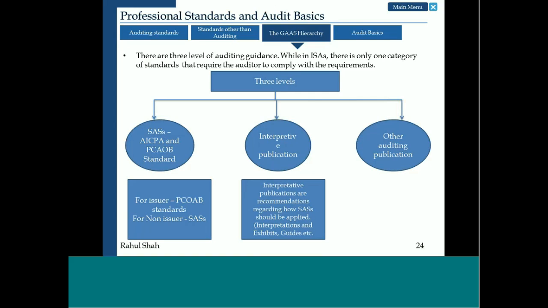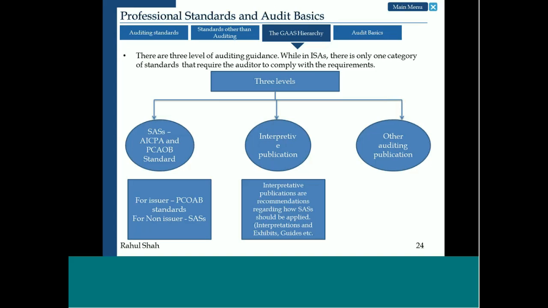It can be interpretations, it can be exhibits, it can be guides. So when you refer to the AICPA site, if you search for guides, you will find lots of guides with respect to lots of subjects.